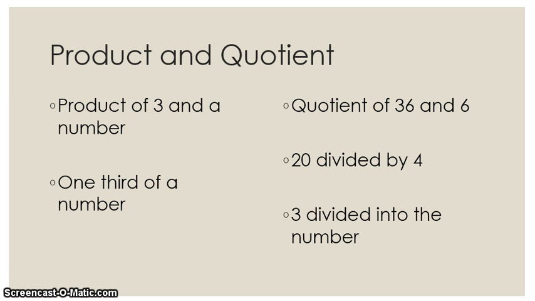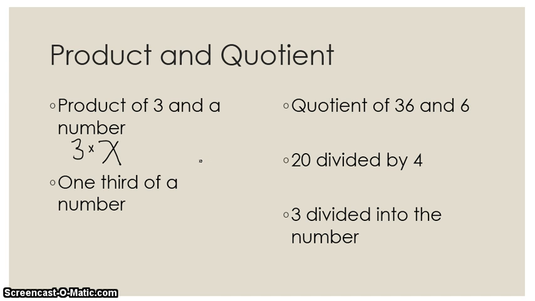So product and quotient. So product, remember, is an answer to a multiplication problem. So if I have product of 3 and a number, well, I don't know what this number is. I'm going to pick a letter. I'm going to pick x. And if I see product, it means multiply. So this is going to be 3 times x.